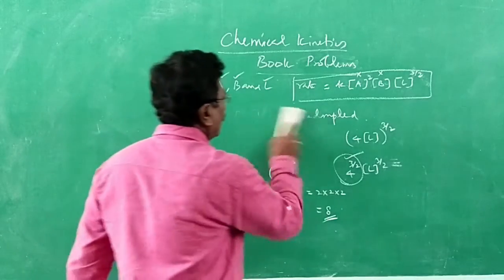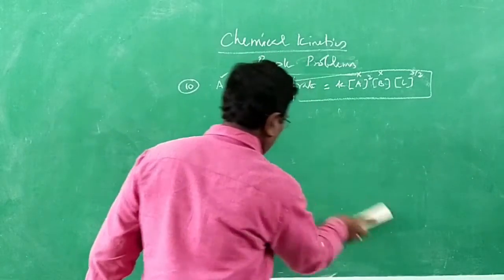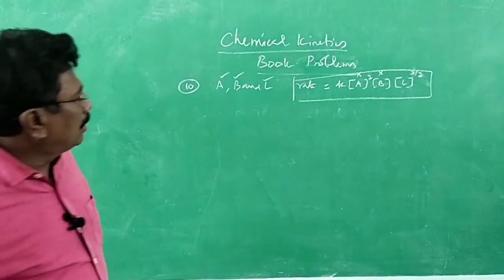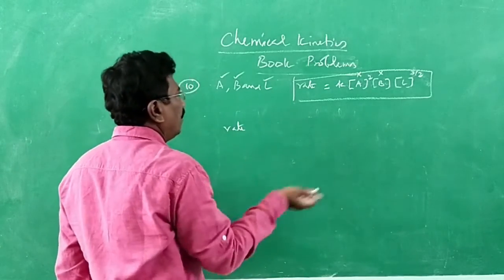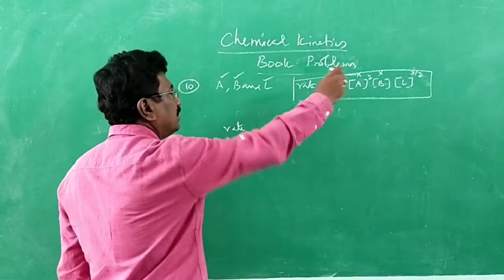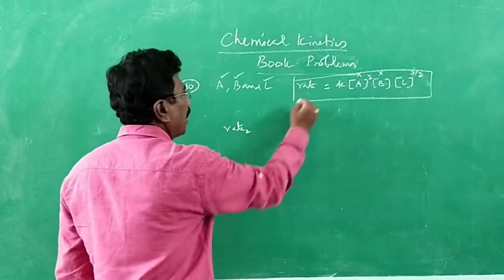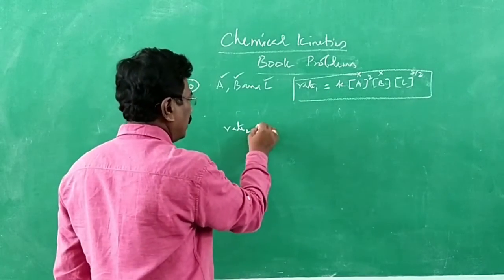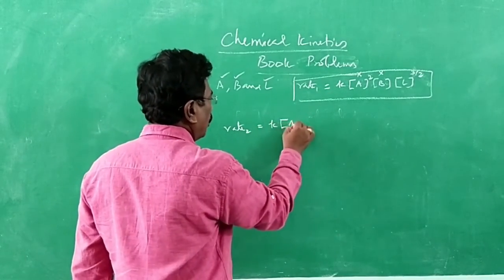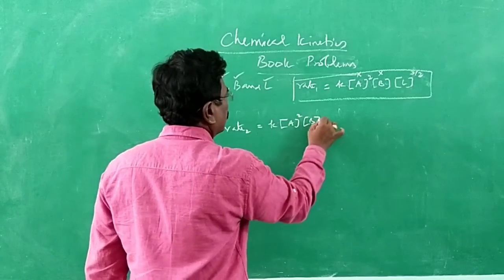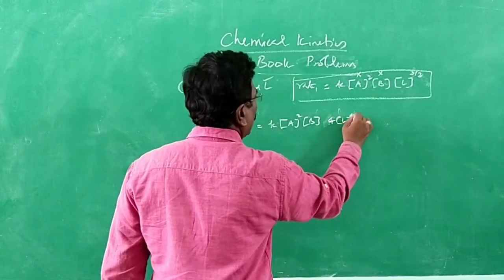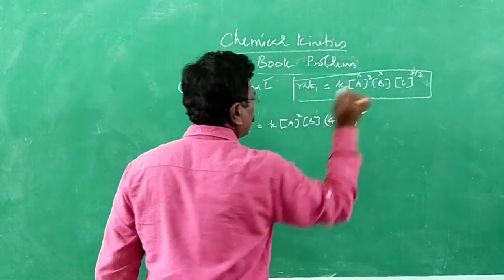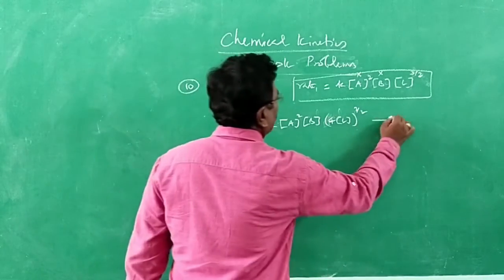If it has to be done on paper, it can be written like this. When we quadruple the concentration of L, let the initial rate be rate 1, equal to K into molar concentration of A square into molar concentration of B into molar concentration of L to the power 3/2.